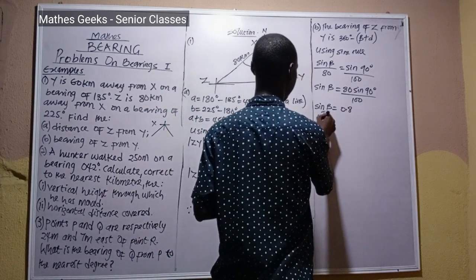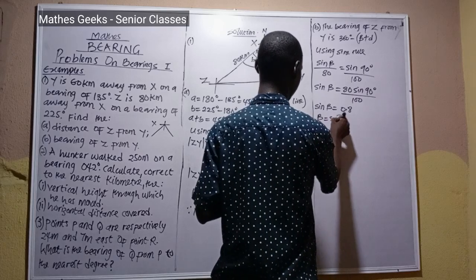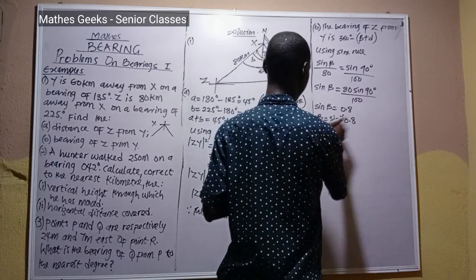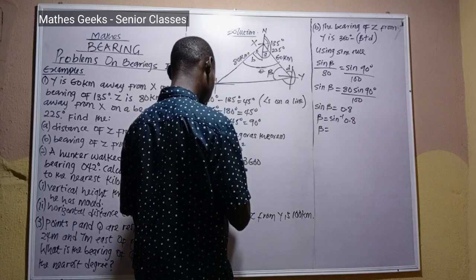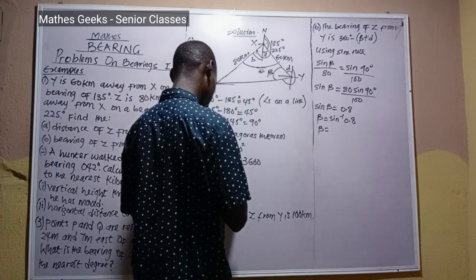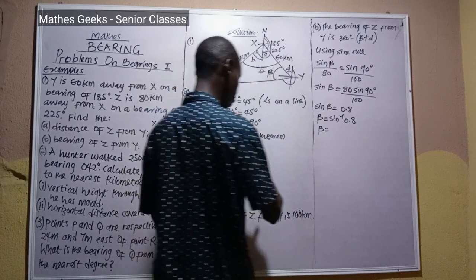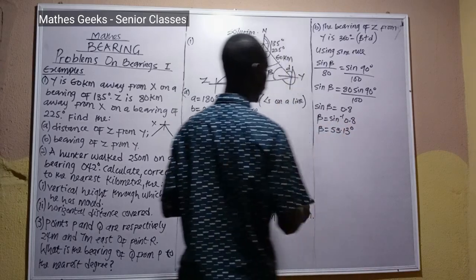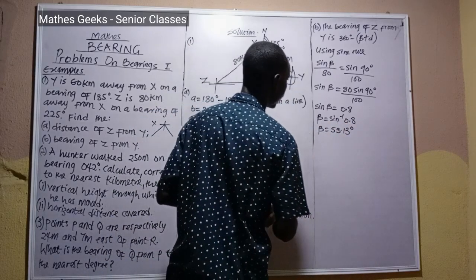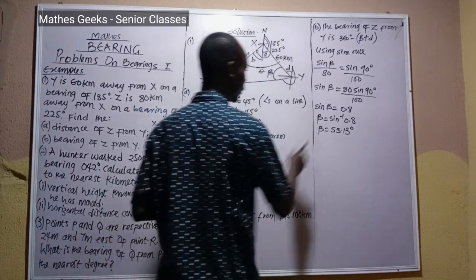So beta is equal to arc sine 0.8. Beta is equal to 53.13 degrees. Okay, so if beta is 53.13 degrees, what is d?